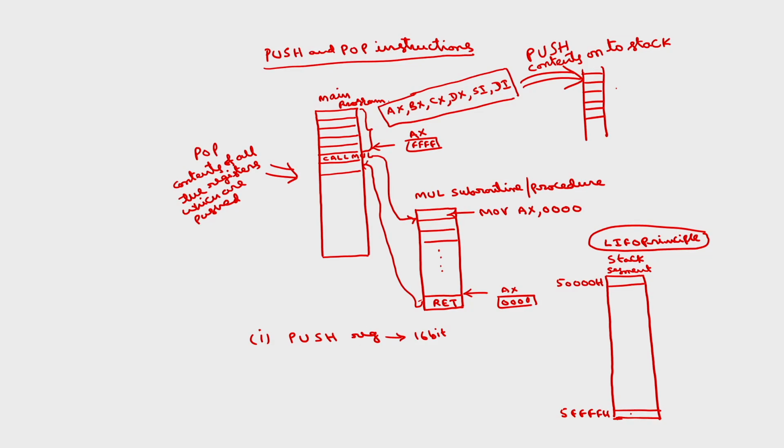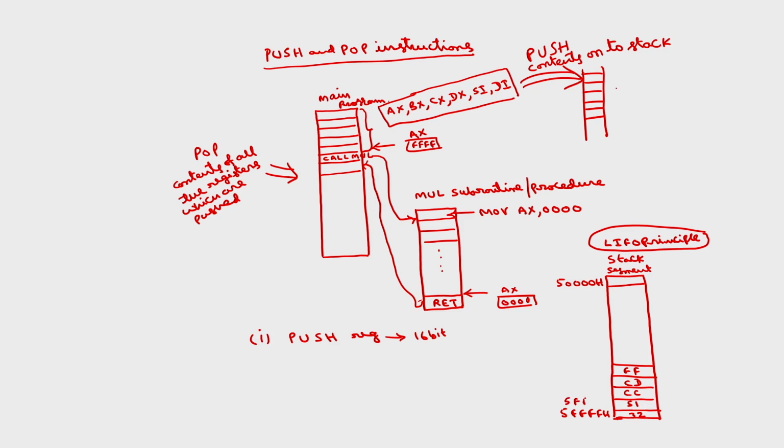Suppose this data is filled up to here: say this is 32, this is 51, this is CC, this is CD, this is FF. Let us assume that up to this point the data is already full. What are these locations?